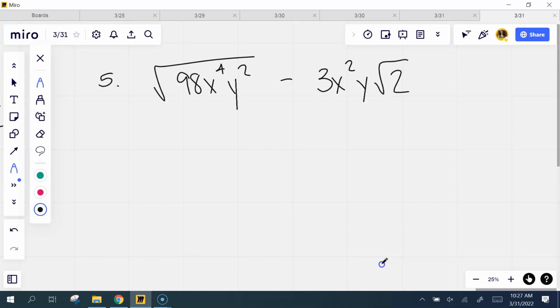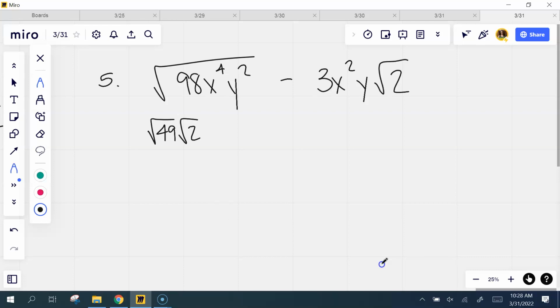So let's try to simplify where we can. How about this first one, 98? Can you split that up into anything? 49 and 2. So I've got the square root of 49 and the square root of 2.